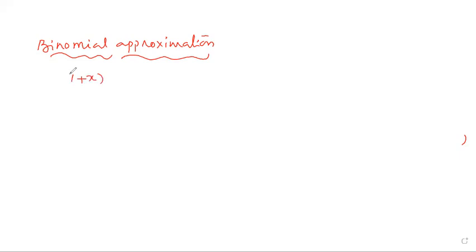Now see the binomial approximation. What does the binomial approximation mean? The expression is given as (1 + x)^n, where n is a fraction greater than or equal to 1/2, or n is a natural number greater than or equal to 3.